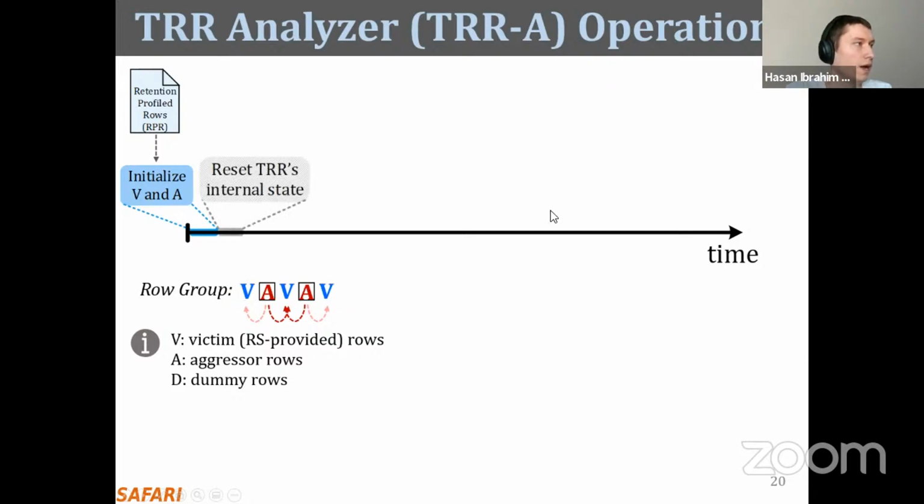In the next step, I won't explain this too much, but this is an optional step that the user can perform in order to reset TRR's internal state. Why is this useful? Assume that we ran a previous experiment that potentially changed the RowHammer state.